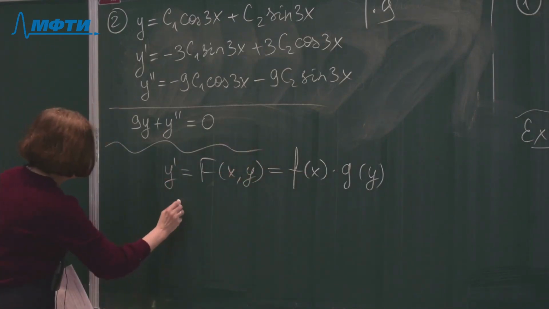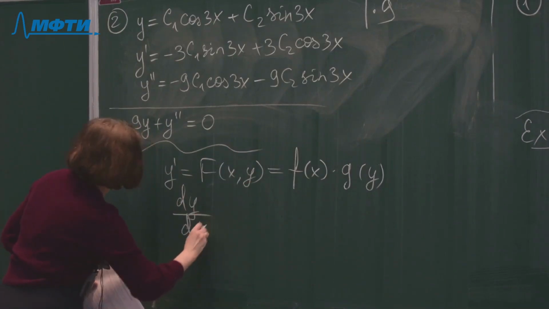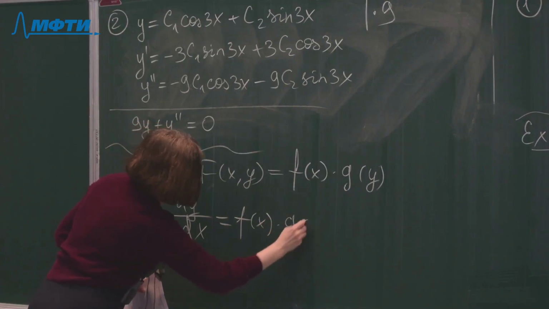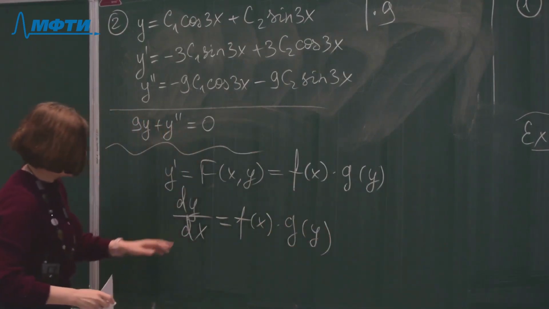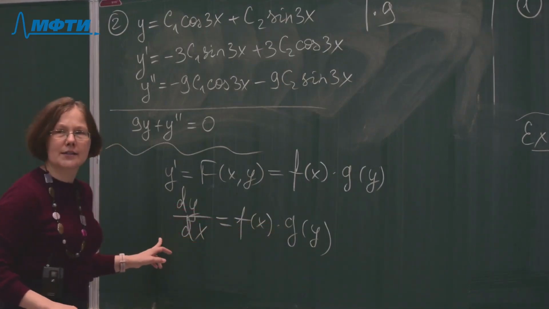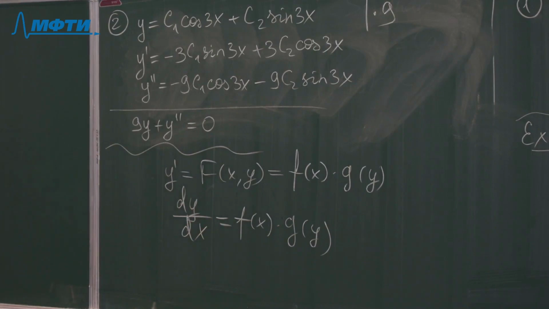The method of solution is to rewrite y prime as the ratio of differentials, move dx to the right hand side and g of y to the left hand side, and then integrate, right?